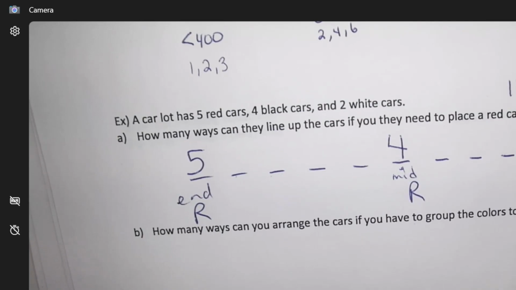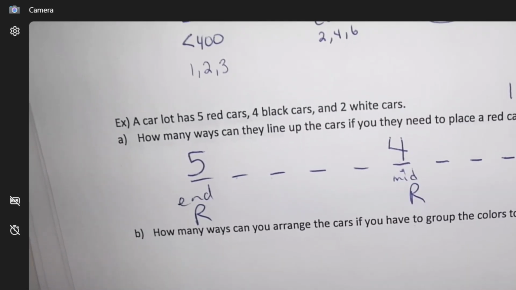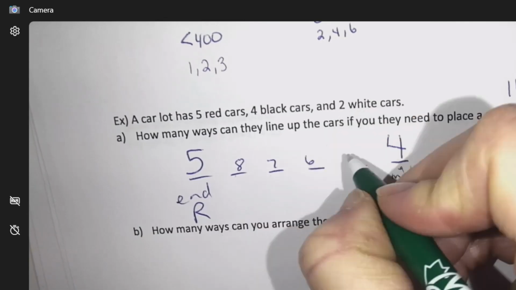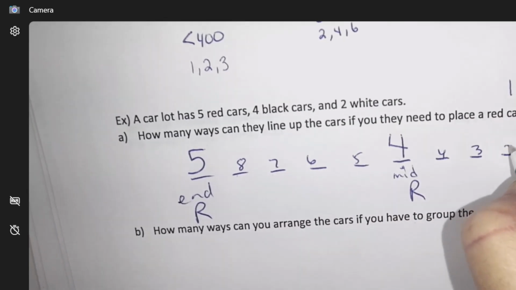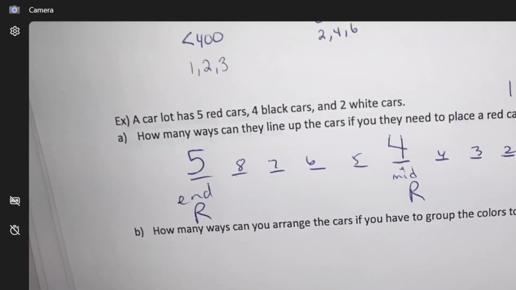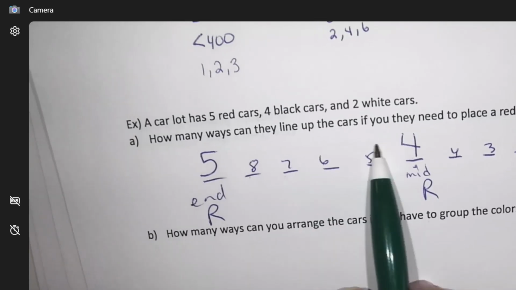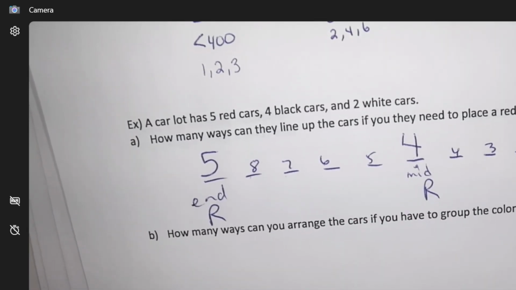Okay, so I've already placed 3 cars somewhere, right? So now I would have 8 cars left, and I can put anything anywhere now. So this would be 8, 7, 6, 5, 4, 3, 2, 1, because any car can fill in anywhere else.